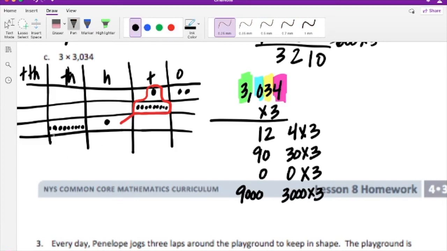So now I have 9,100. No tens because I regrouped them, and 2 ones. 9,102.